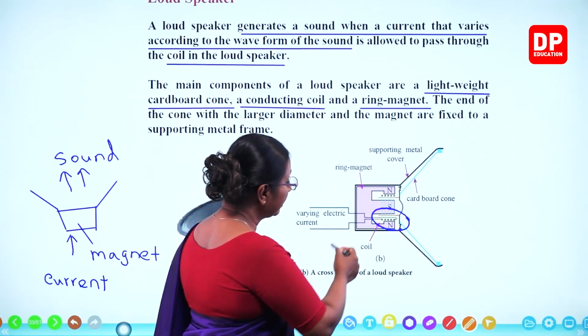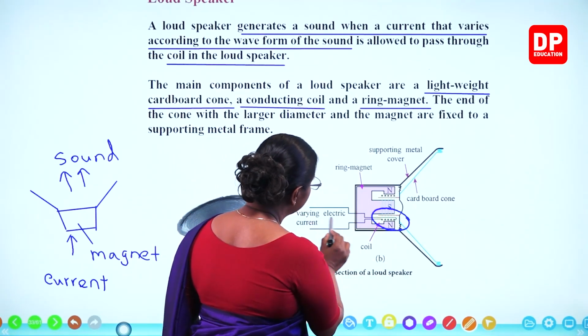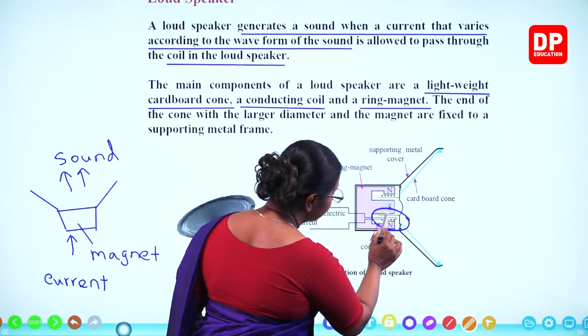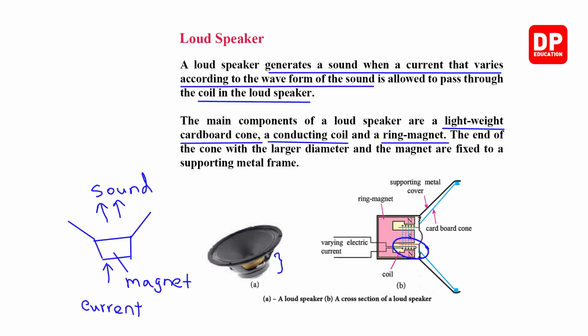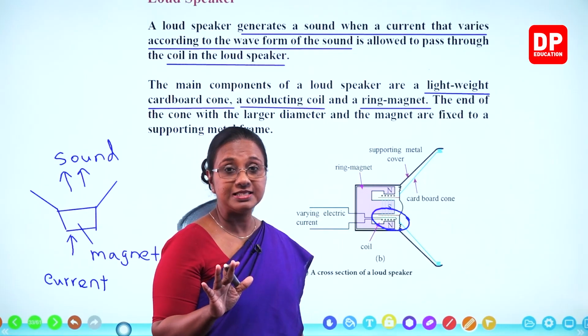The wire coil is connected with the varying electric current. Here it is marked as wire coil, but actually it is these lines. Those are around the south pole. They can freely move around the south pole. So they can disturb the magnetic field. Can you all understand that?